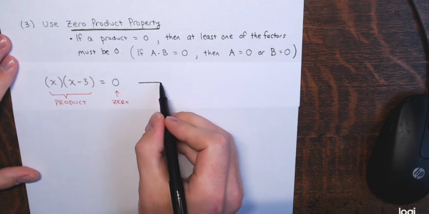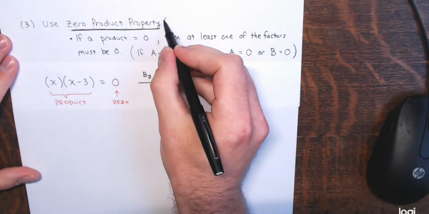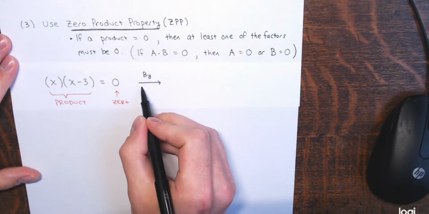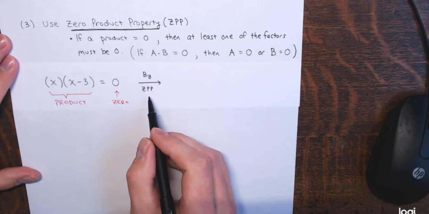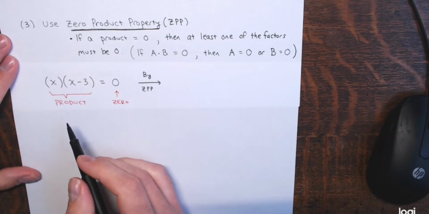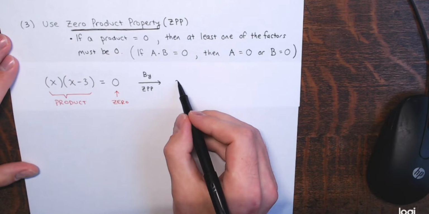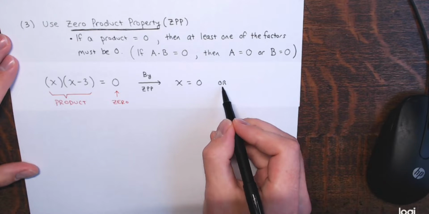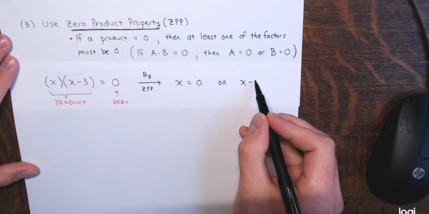So by the zero product property, and I'm just going to abbreviate zero product property as ZPP for the rest of this video, at least one of these factors must be equal to 0. So either x is equal to 0, or the other factor, x minus 3, equals 0.